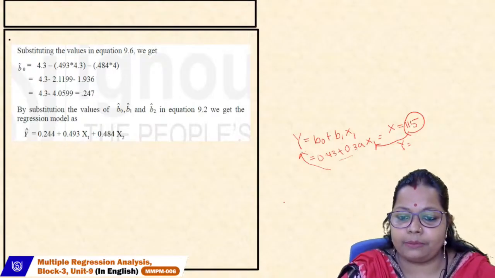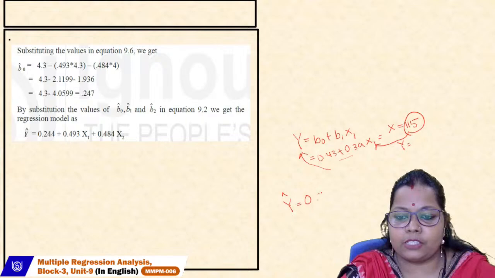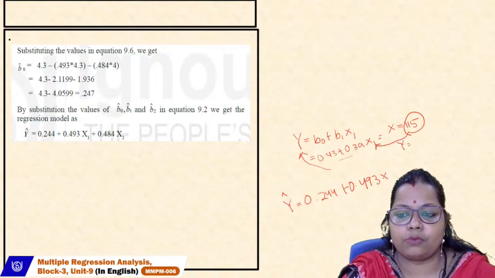But similarly, in the multiple regression equation, this y hat for this particular problem is 244 plus 0.493 x1 plus 0.484 x2.